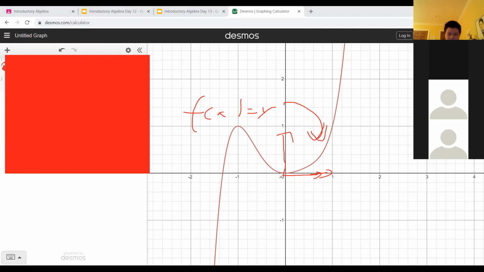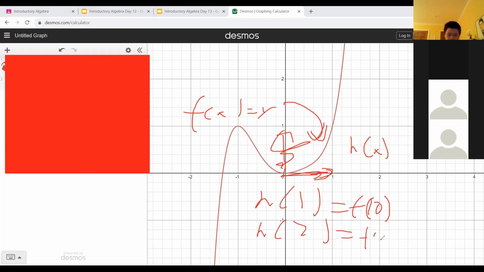So let's say moving to the right. Let's use h(x) for our modified function. So h(1) equals f(0). Similarly, h(2) equals f(1) since we're moving everything to the right.